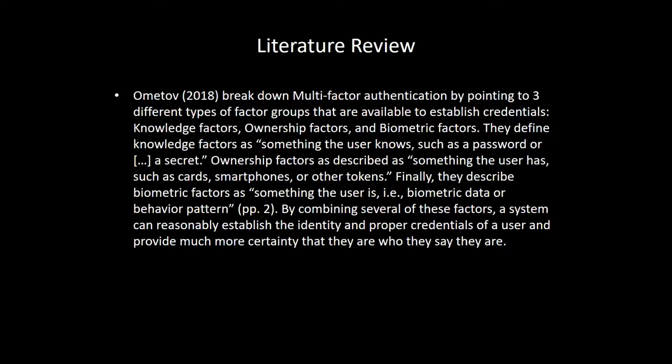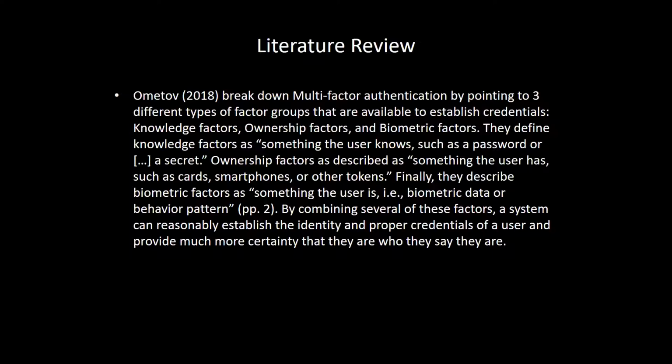Omitov and his co-authors in 2018 broke down a number of different approaches to multi-factor authentication, pointing to 3 different types of factor groups available to establish credentials: knowledge factors, ownership factors, and biometric factors.